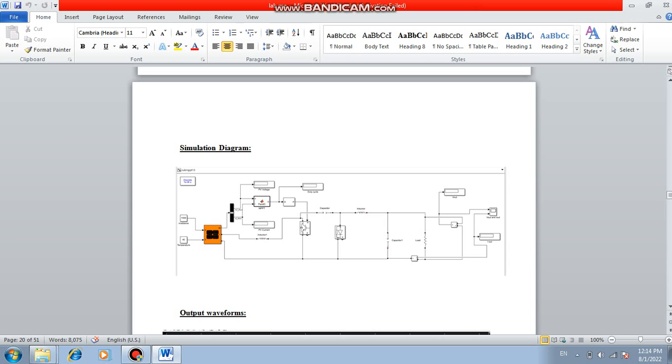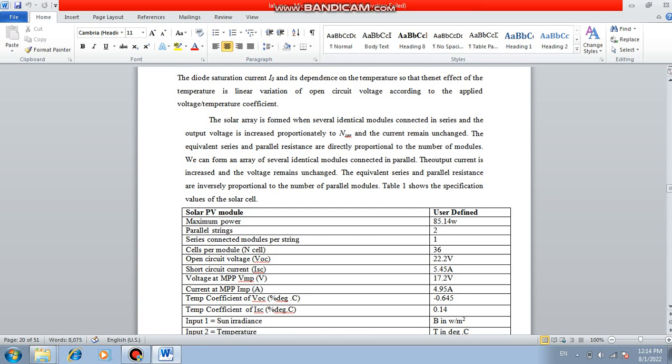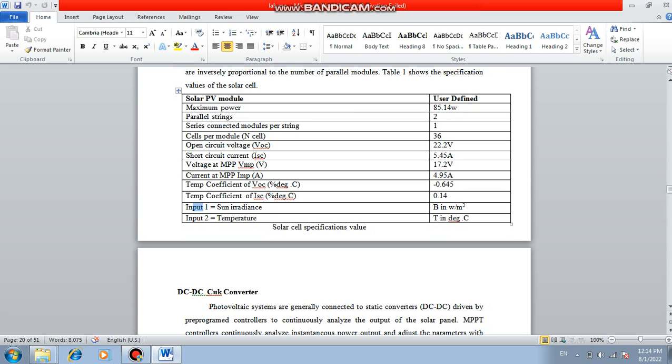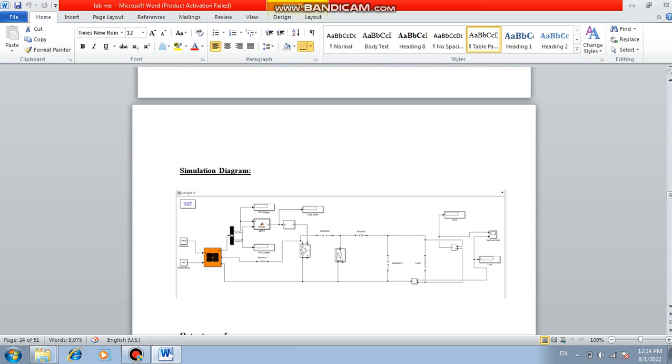The two inputs I mentioned, right? What are the two inputs of that PV cell? These are the last two rows, irradiance and temperature, which we have given as the input. By changing the irradiance and the temperature, you can fetch and analyze various output values, and plot them separately.